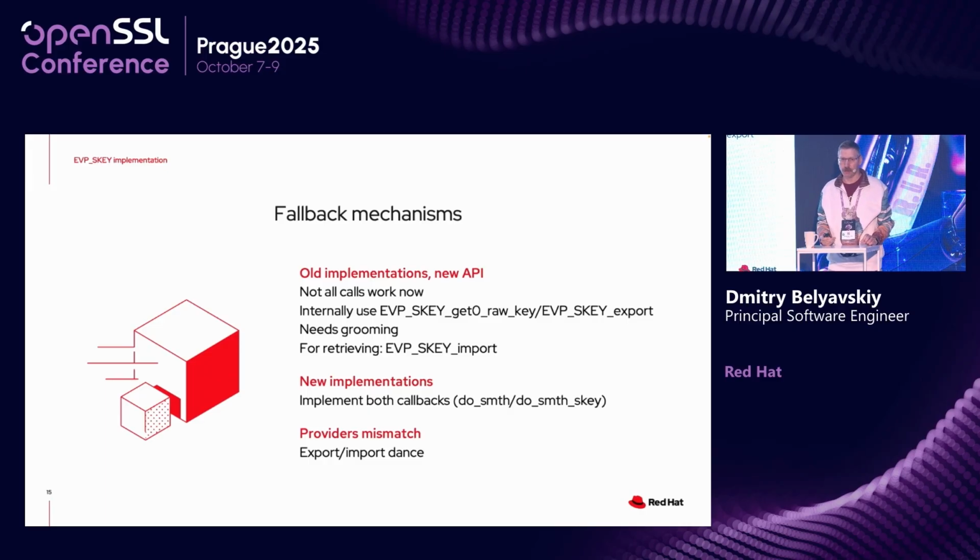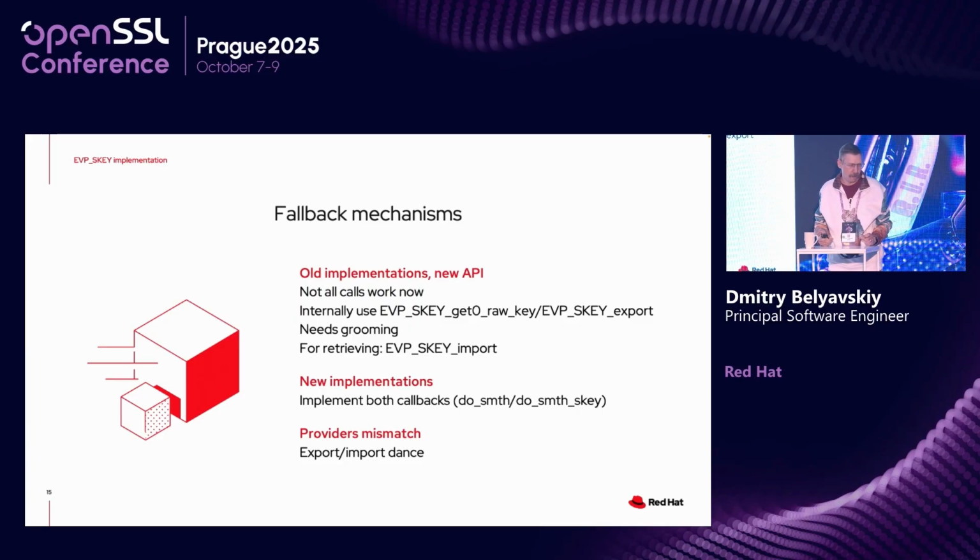Of course, when you introduce a new API, you have to think about the old implementations, because people will use existing providers. For example, they will use certified FIPS providers and try to use the new API.